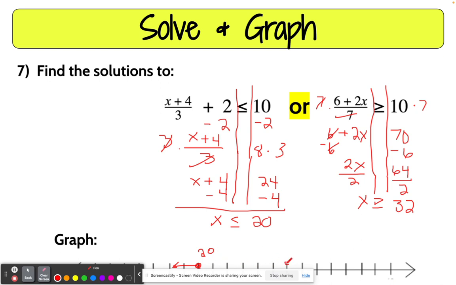I'll count by 2s. I'm going to have a closed circle also at 32. And greater than or equal to is going to go to the right.